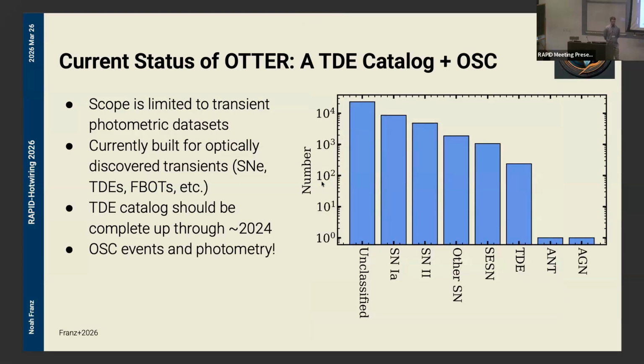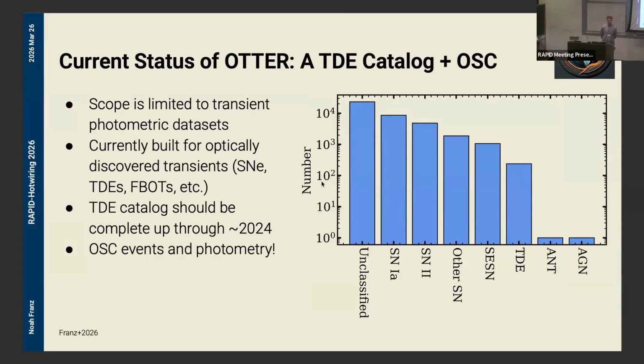But over the past 2 weeks, we have also incorporated all of the Open Supernova catalog data into OTTER. And so this is now what the breakdown of all of the transient classifications in OTTER looks like. So there's a good amount of unclassified things. These come from TNS. We incorporated everything in the Open Supernova catalog up until 2019.